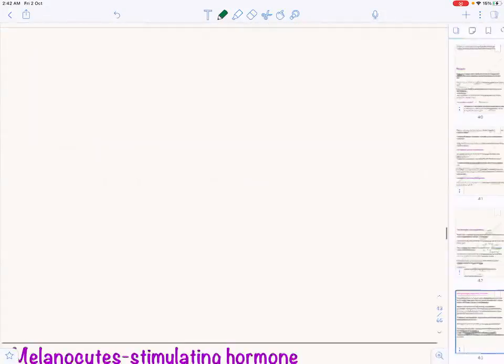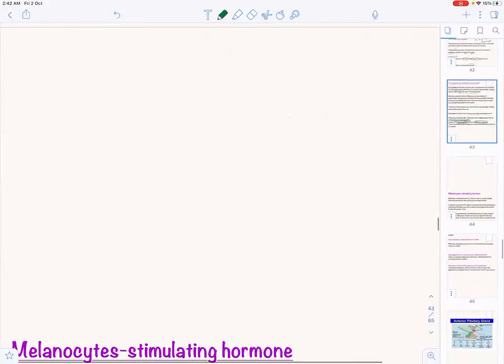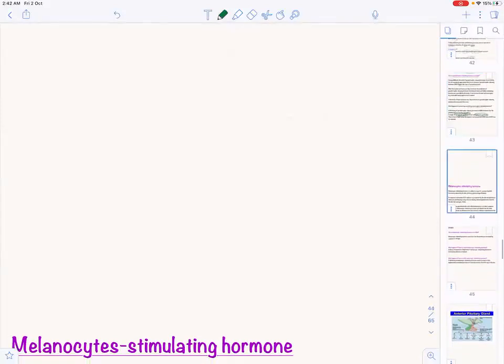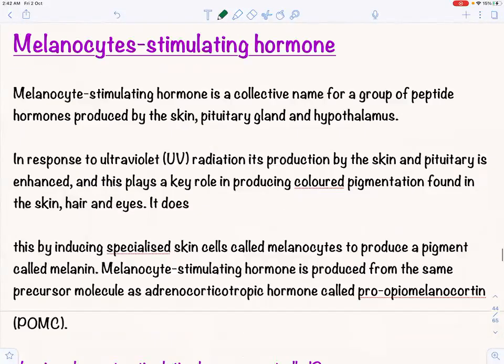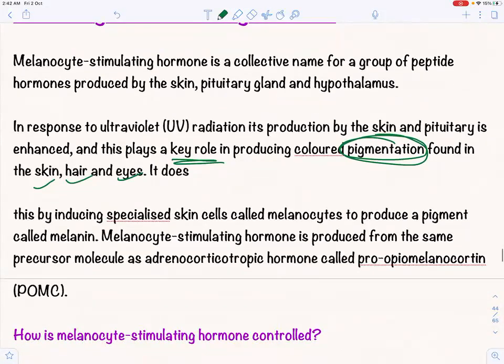Okay, we have one more, melanocyte stimulating hormone. We have done that. It plays a key role in the pigmentation of mostly skin, hair, and eyes. And this is induced by special cells called melanocytes that produce a pigment called melanin.